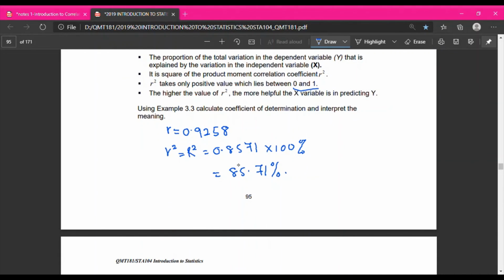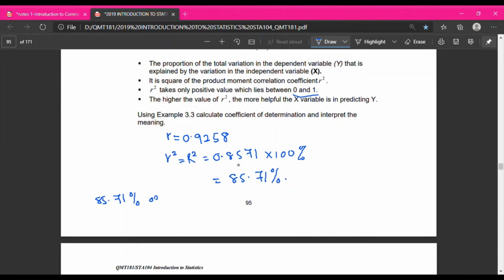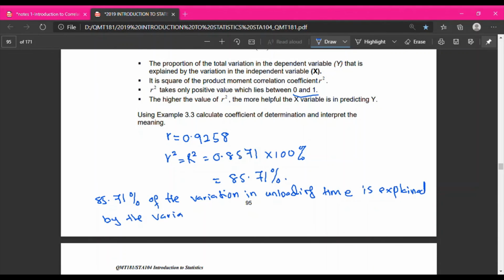We can say that 85.71% of the variation in y, where y is unloading time, is explained by the variation in temperature.